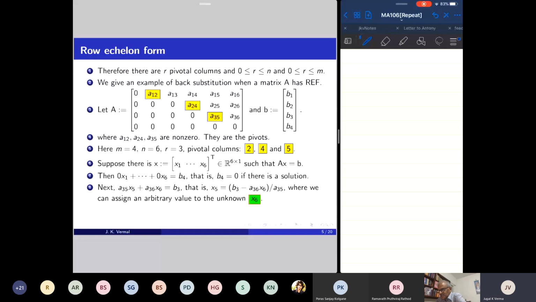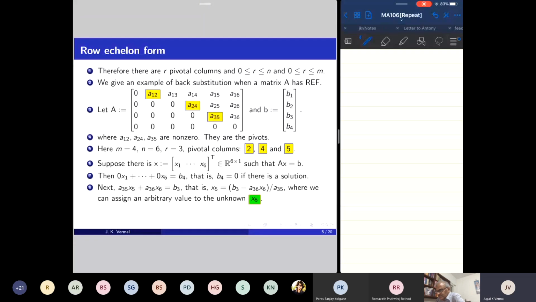A35 is not 0 because it's a pivotal entry in the matrix, but x6 corresponds to the sixth column, and the sixth column has no pivot. So we can determine x5 from any value we substitute for x6.